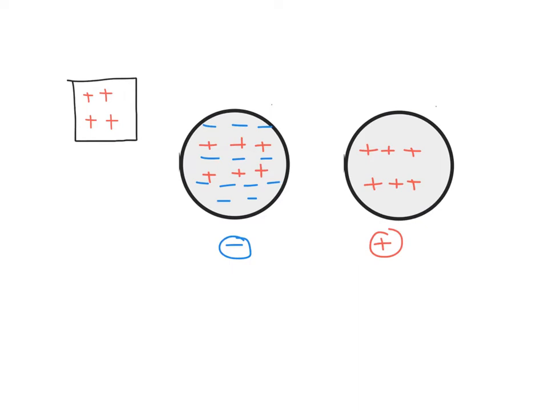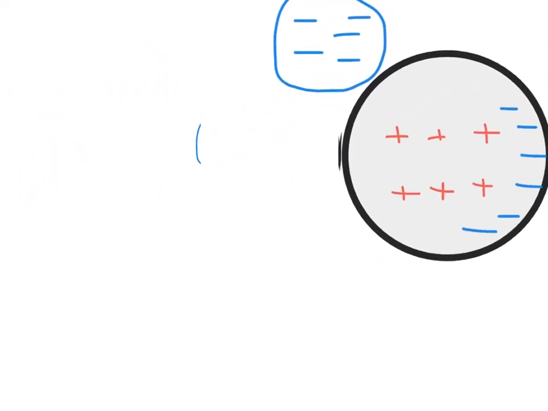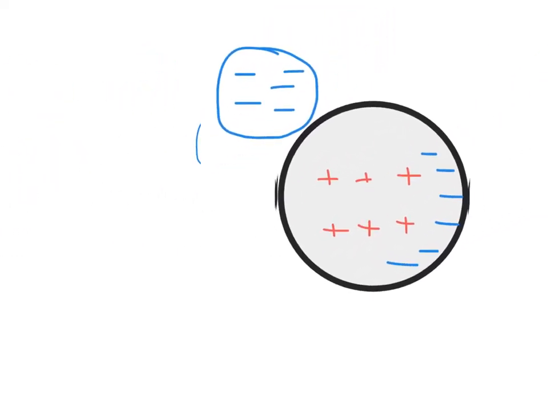We have one more example to talk about, and that's how induction and grounding can work together. Okay, so here what we have is a neutral object and a negatively charged object. When we bring the negatively charged object over to our neutral object, well, our electrons are going to run away, same as every other example. What I can then do is ground it.